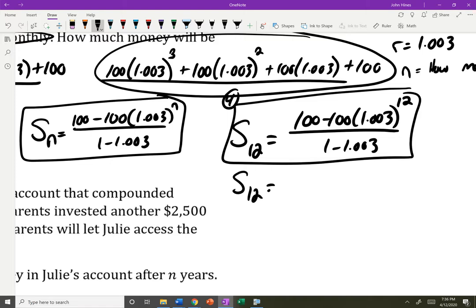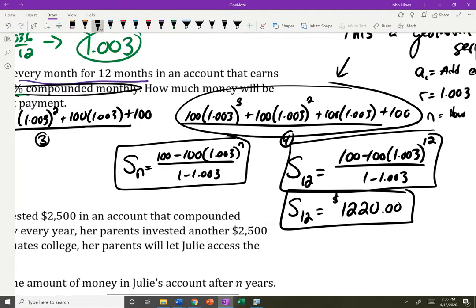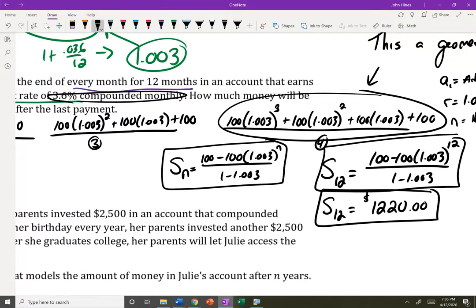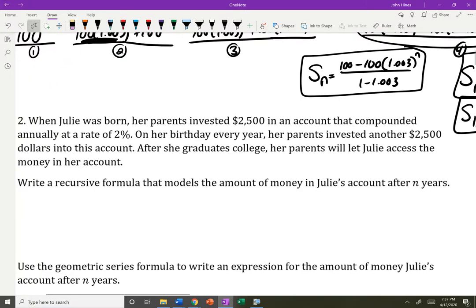So after a whole year goes by, I have $1,220. So saving for retirement is a geometric series. The amount of money I have at any month along the way of me saving up for retirement is a geometric series.